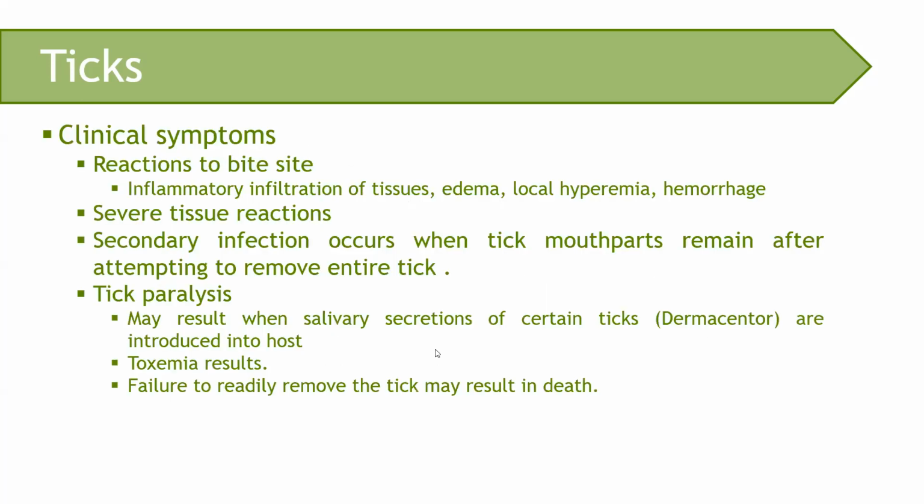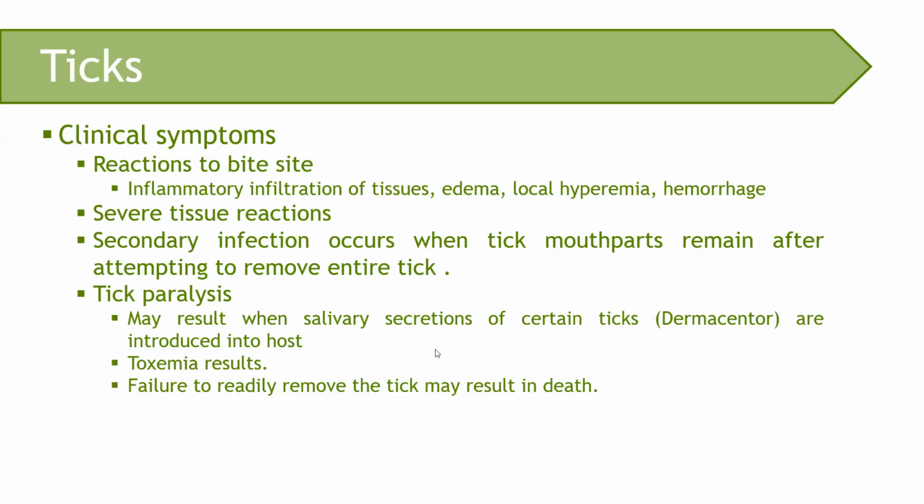Clinical symptoms include reactions to the bite: allergic reactions, inflammation, itching, edema, hemorrhage. Secondary infections occur when tick mouth parts remain after the attempt to remove the ticks. We also have what we call tick paralysis. This is a serious condition that results when salivary secretions of certain ticks, particularly Dermacentor, are introduced to the host.